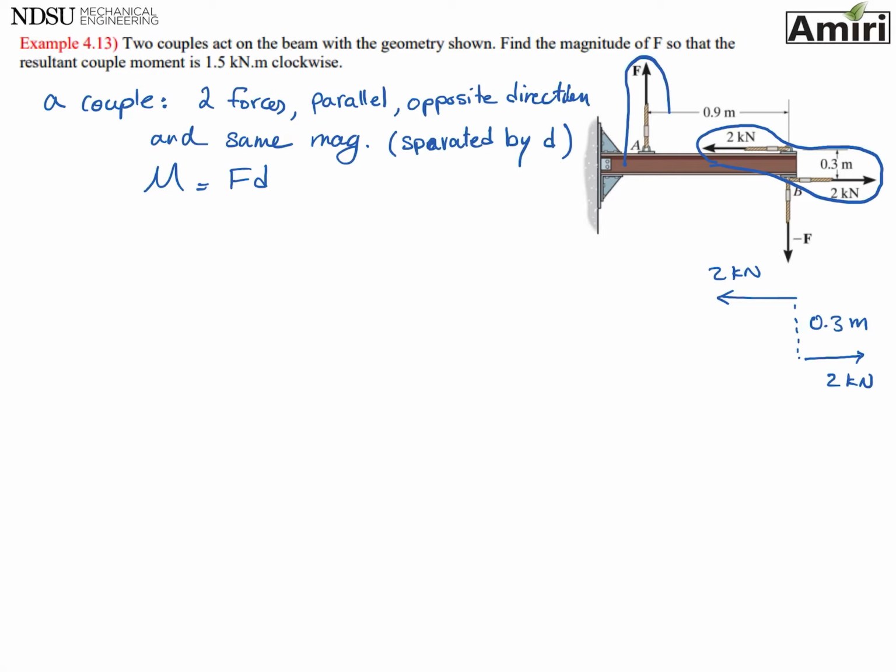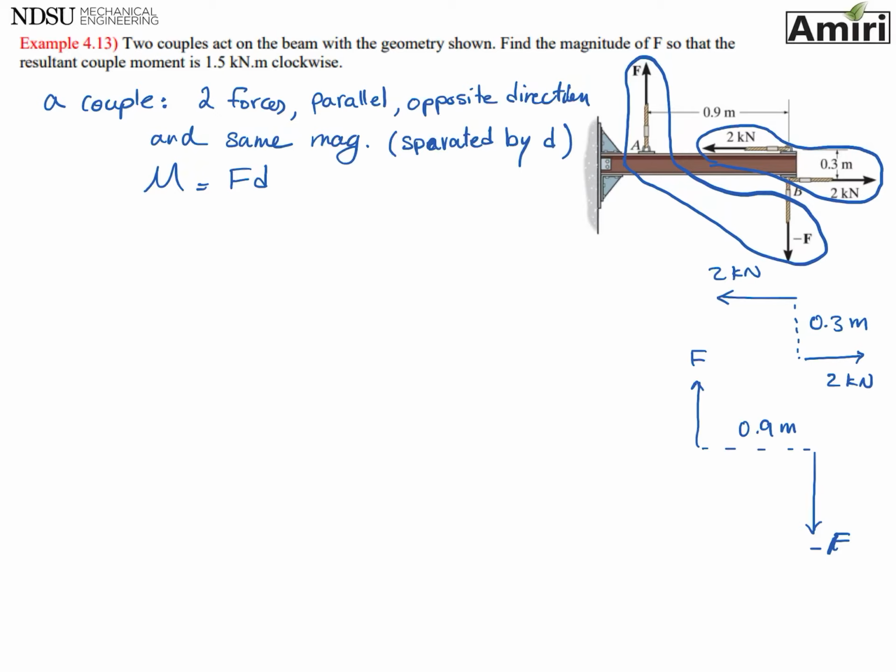And then we see this one as our couple 2, that we see F separated by a distance 0.9 meters and another force F. So it shows the direction going opposite, but they put a negative F on this one, which is redundant, but we'll keep that. So we have two couples.